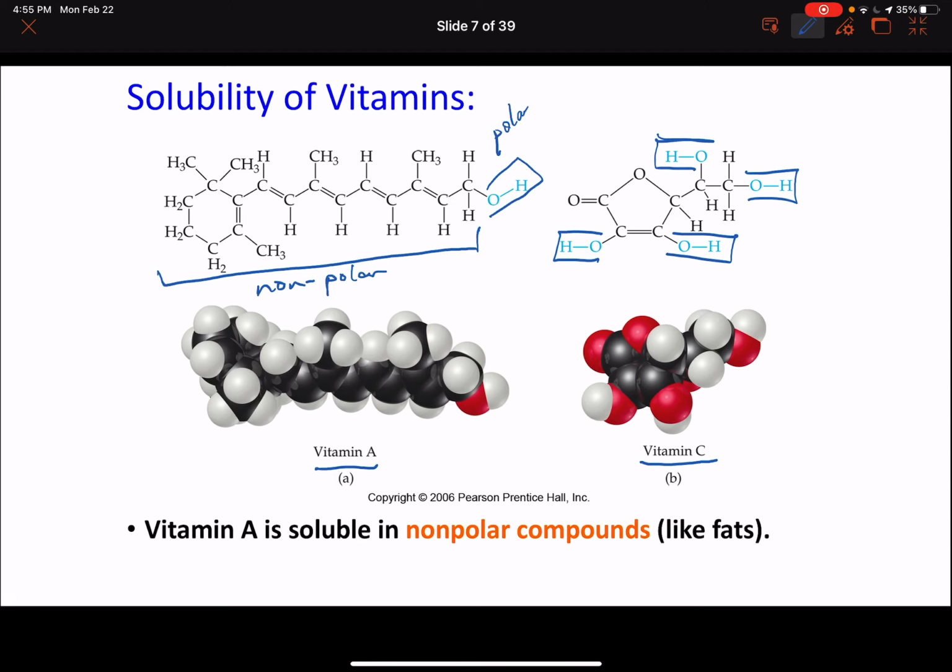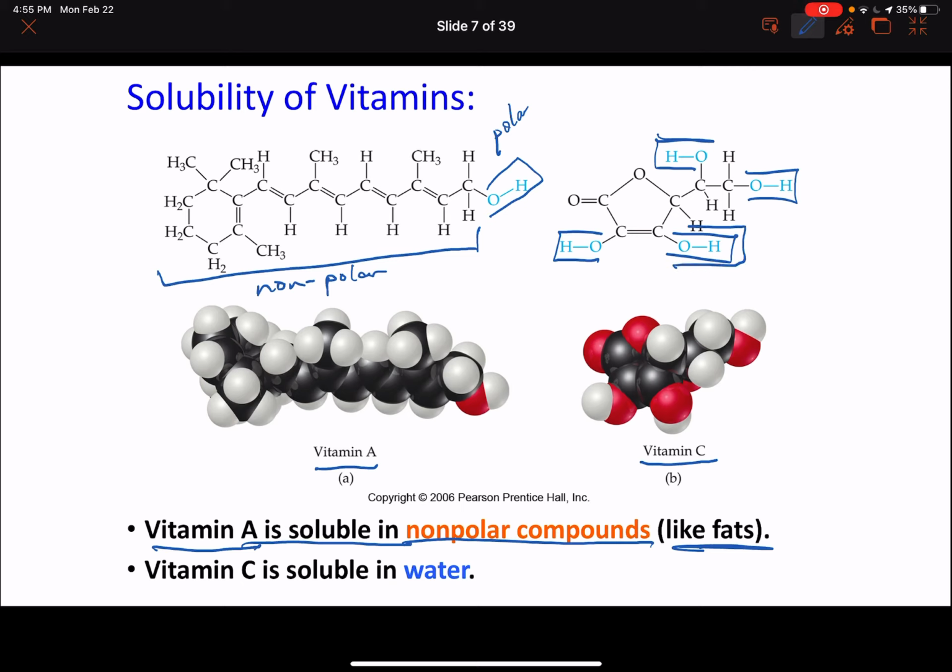So we might expect that vitamin A is going to be very soluble in non-polar compounds like fats. So we say that vitamin A is fat soluble, perhaps something you've heard from other nutrition type courses or experiences. And vitamin C, with its rich content of alcohol groups, is more water soluble. So we say vitamin C is very water soluble as a consequence.